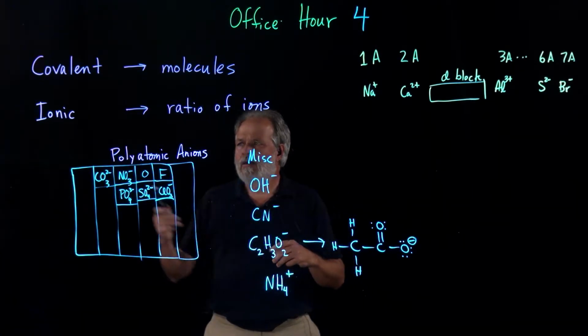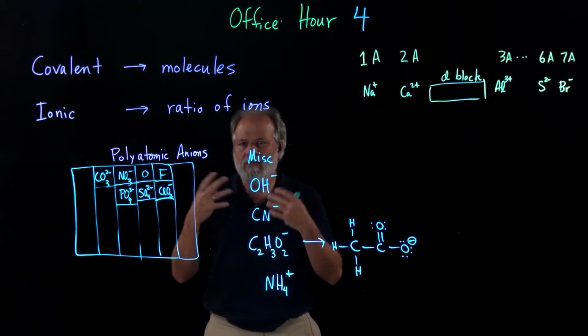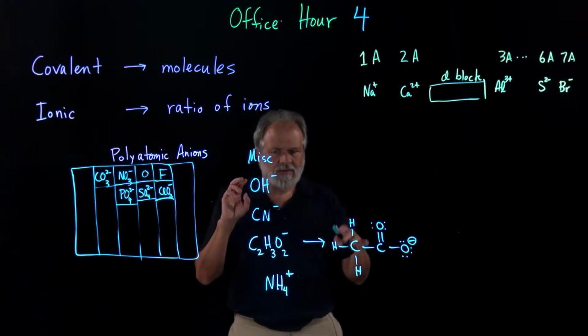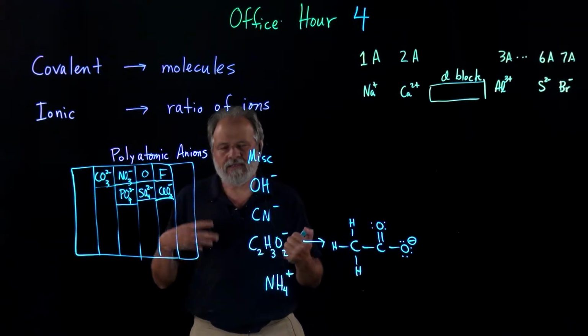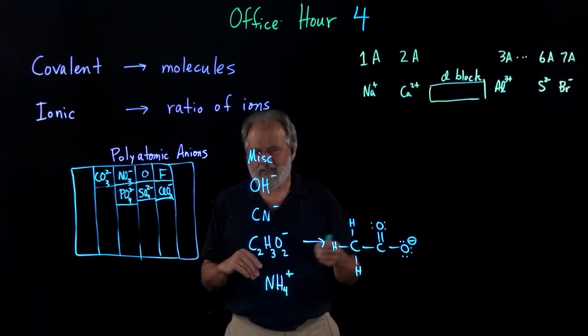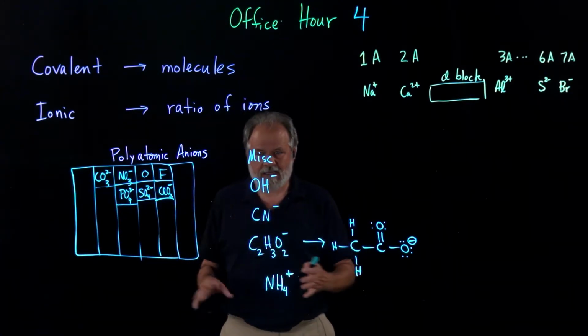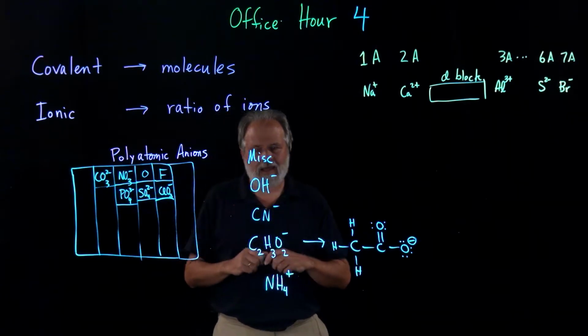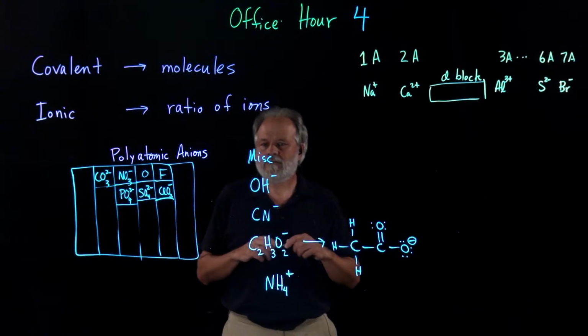Because ionic compounds, their formula is determined by the ratio of the ions so that the total charge is 0, and the naming is done just basically by the name of each ion. Covalent compounds are named completely different. Their formulas are determined by the Lewis structures that you can form with these.